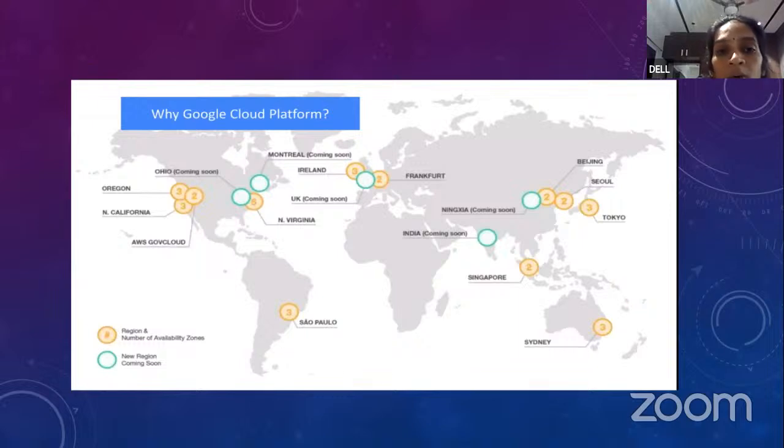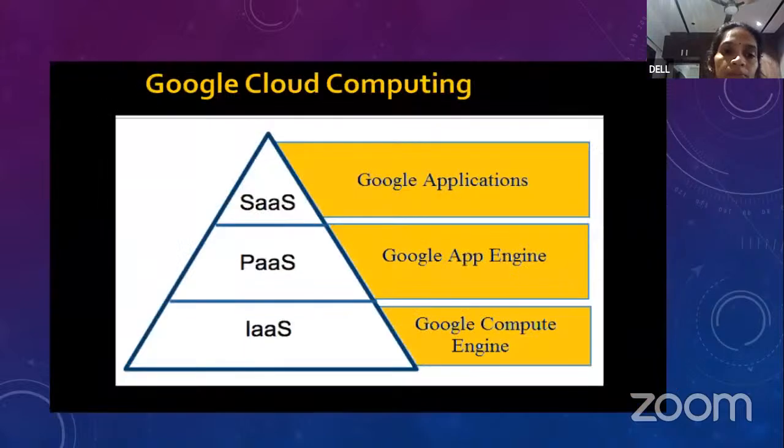That's why the Google search engine is very fast. Green color indicates new regions coming, as they are introducing new data centers and regions. Yellow indicates already established data centers. We can see Beijing, Tokyo, Singapore, Sydney, and many more across the world.